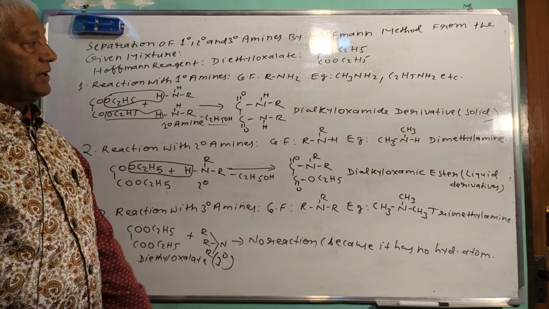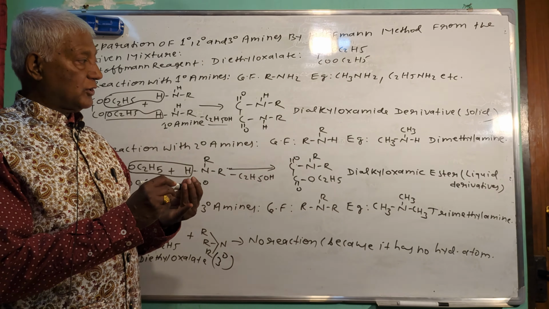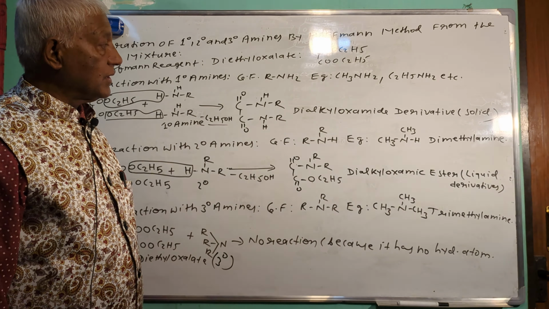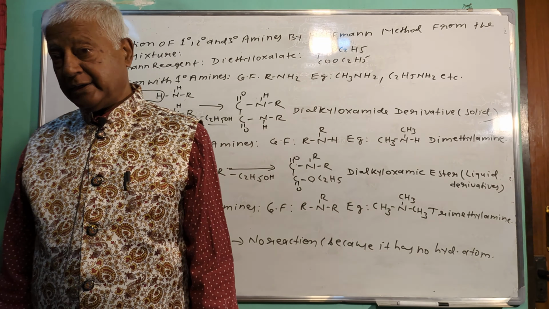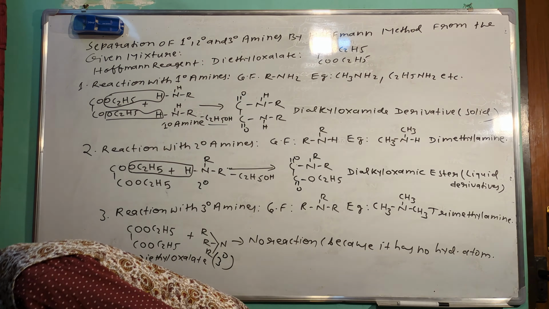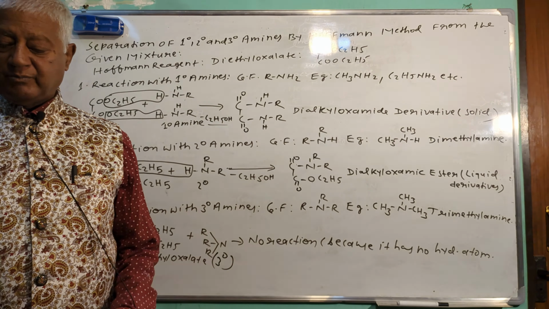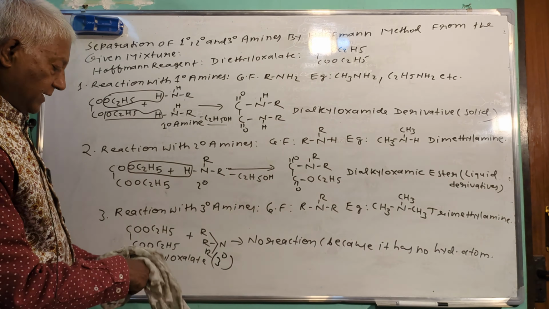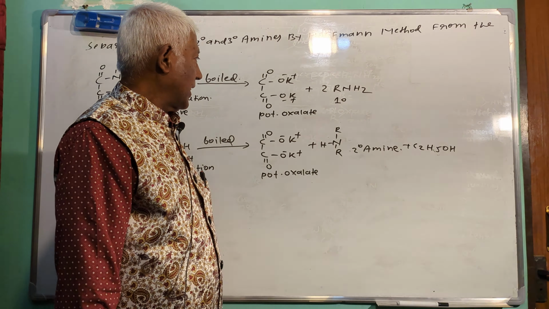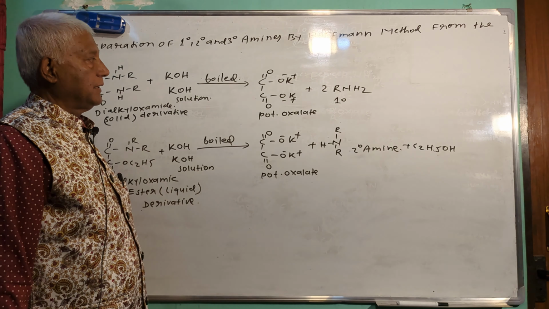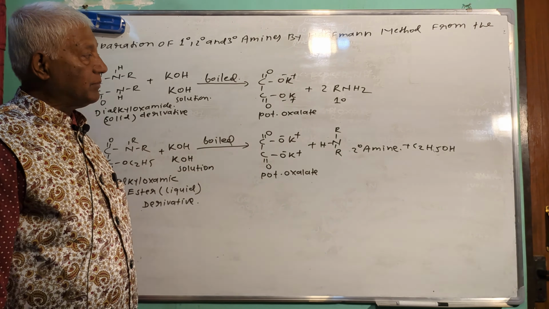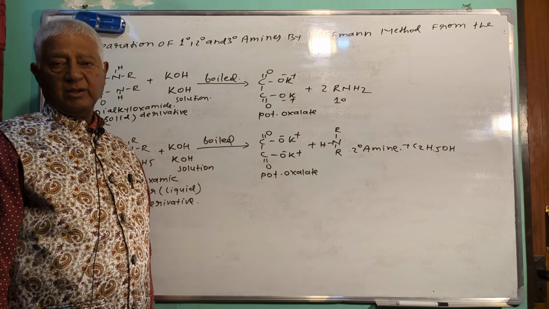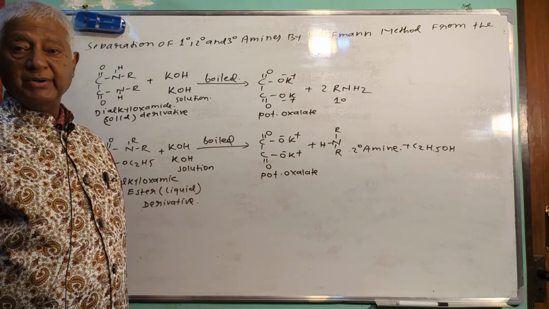Then we have dialkyl oxamide and dialkyl oxamic ester. Now we have to treat both derivatives by boiling with potassium hydroxide. We have already removed the third degree amine from the mixture by fractional distillation, because its boiling point is very low.